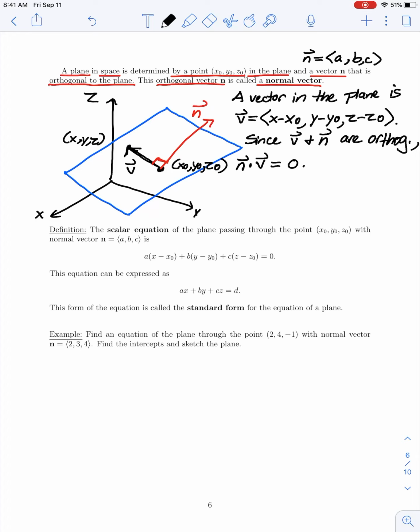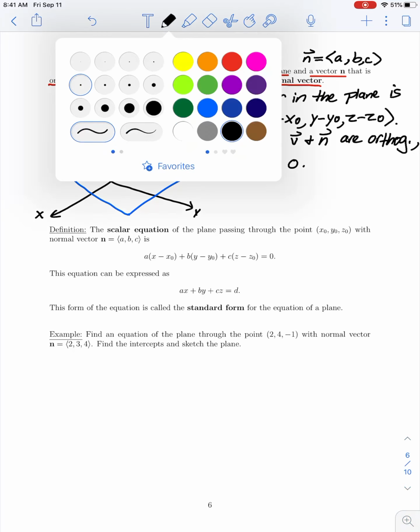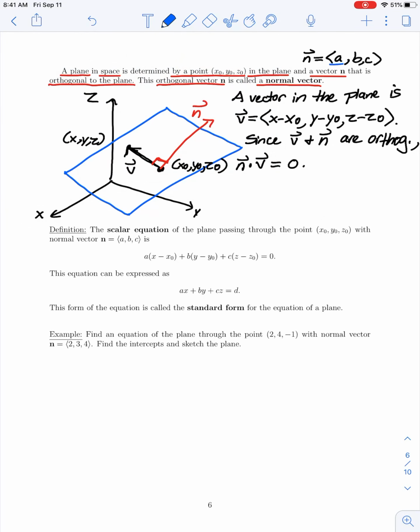So let's write out the dot product of n and v. The product of the first components of these vectors would be a times x minus x0, and then we add the product of our second components, which would be b times y minus y0, and then we add the product of the third components, which would be c times z minus z0.